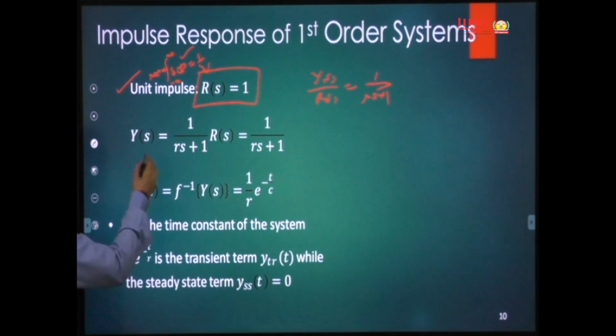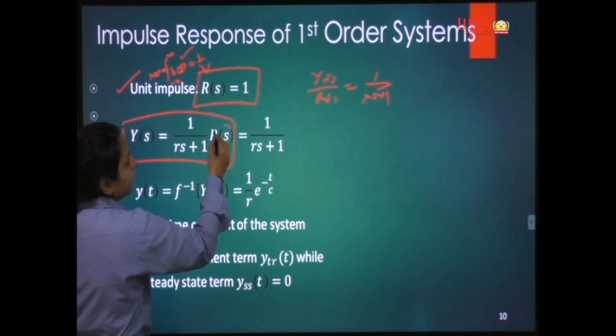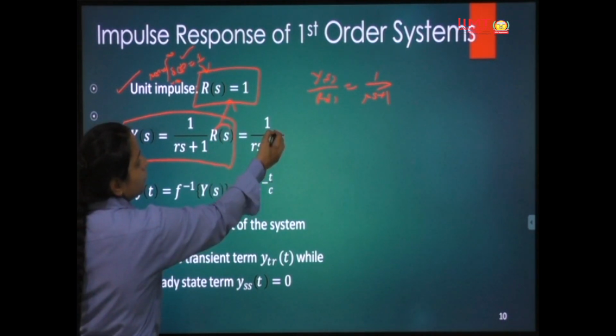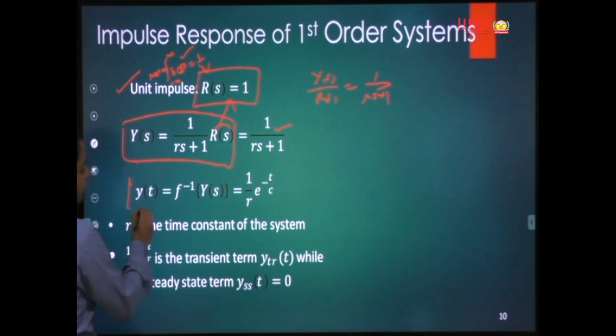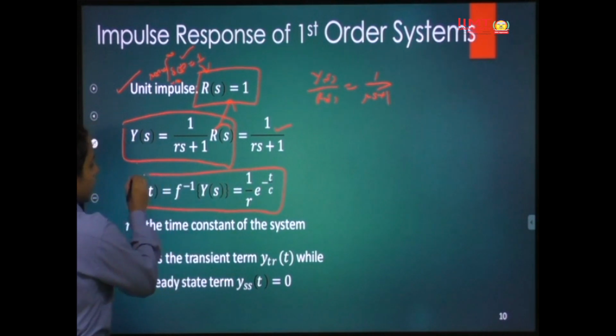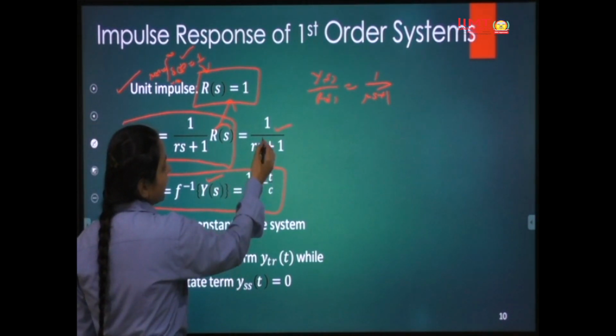So from here we have Y(s) equal to R(s) into 1 upon (Ts plus 1), and if we put the value of R(s), we get Y(s) equal to 1 upon (Ts plus 1), and then we take the inverse Laplace transform of Y(s).